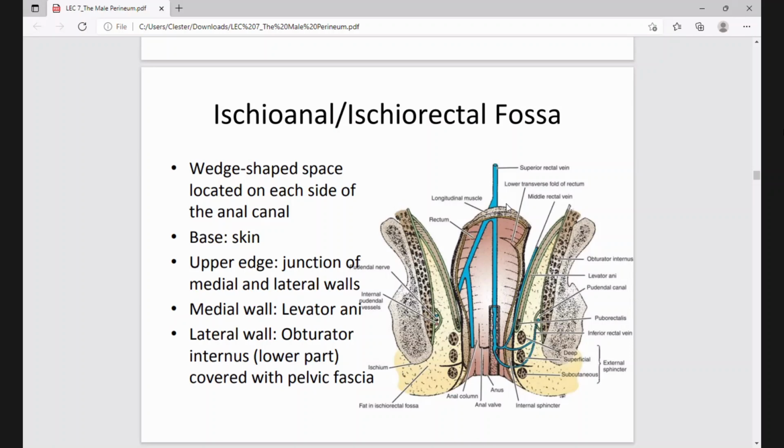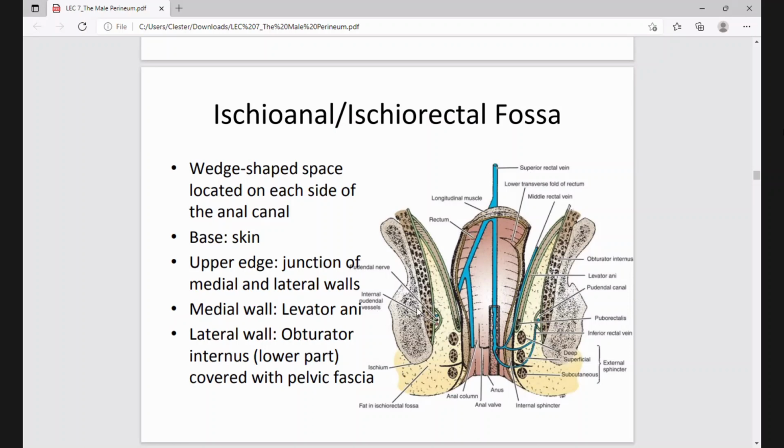And the same fascia that covers the obturator internus above, in the pelvic cavity, is the same obturator internus fascia that will cover this muscle when it is already in the perineum. So there is still obturator internus fascia here in the perineum, and that will also be part of the lateral wall.